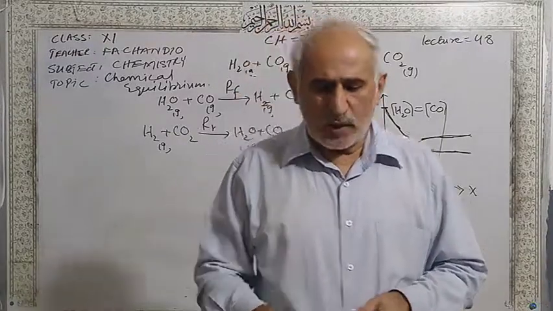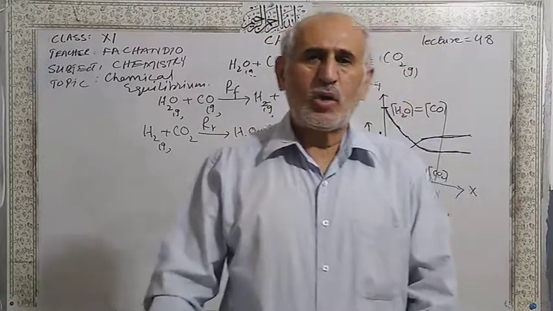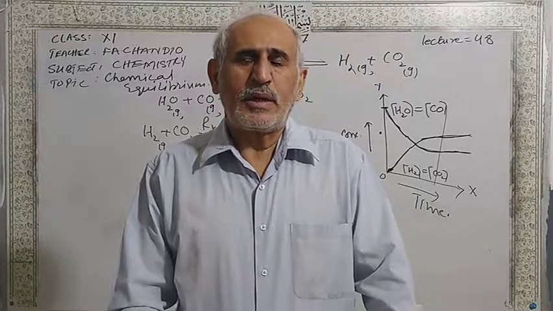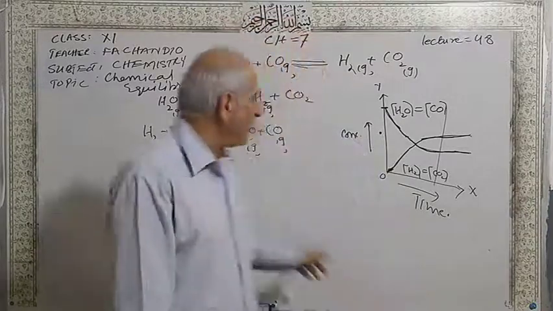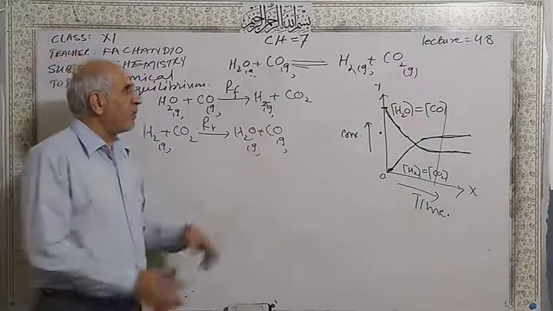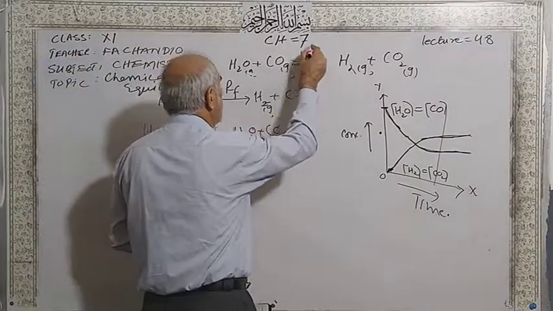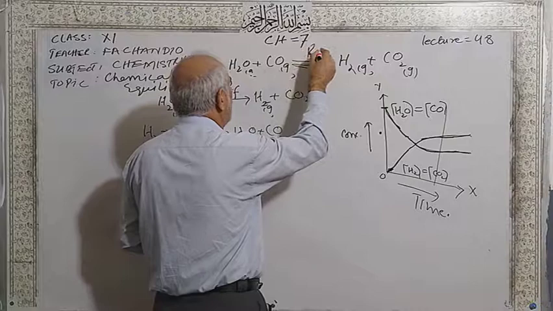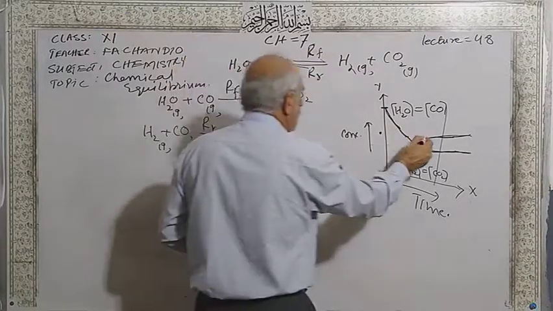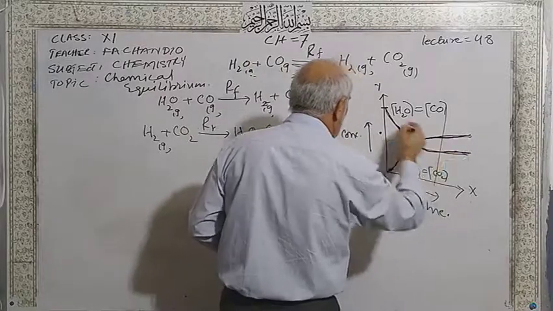So this is called the chemical equilibrium state, dynamic equilibrium, forward state, reverse state. Both are 100% equal, the rate of forward and the rate of reverse. You will get the equilibrium.